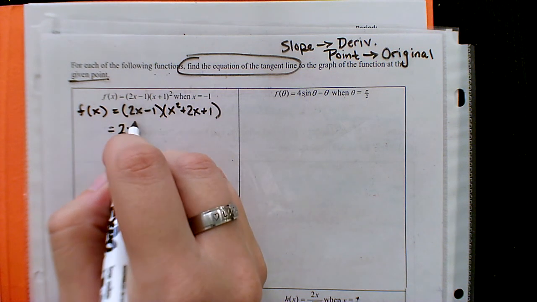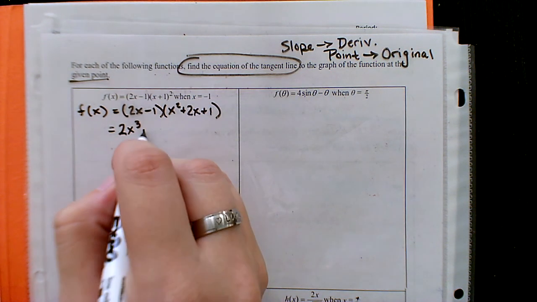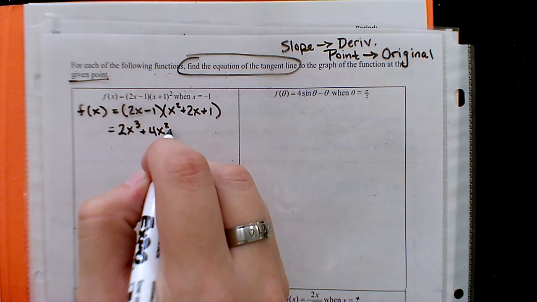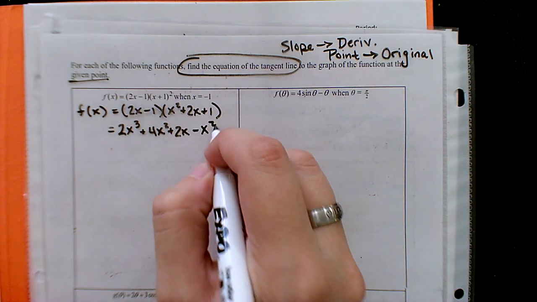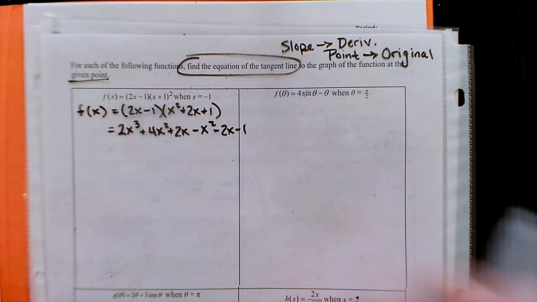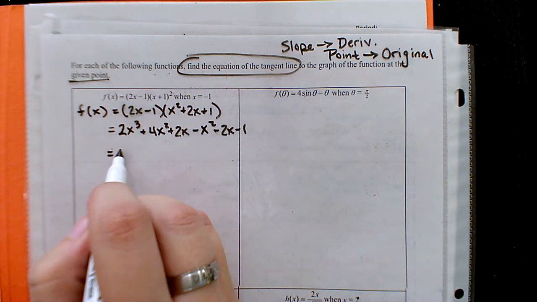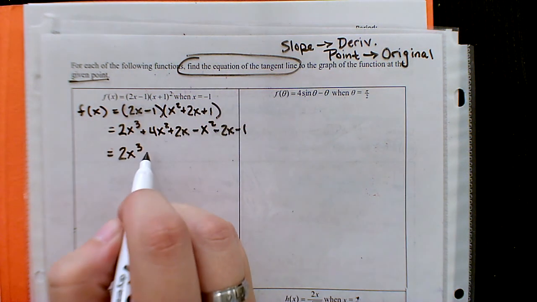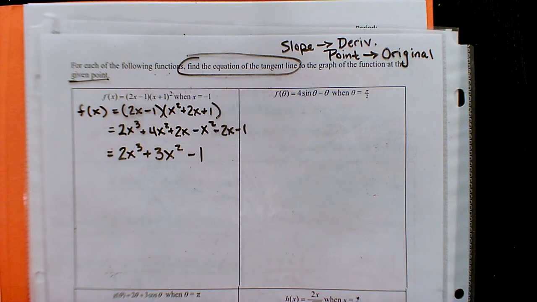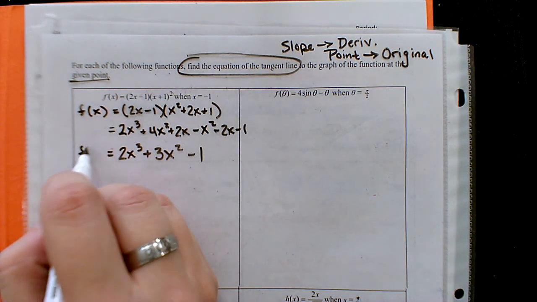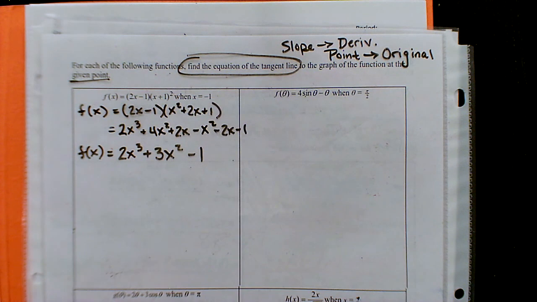We'd have 2x cubed plus 4x squared plus 2x minus x squared minus 2x minus 1. So combining like terms, that's still our original function.